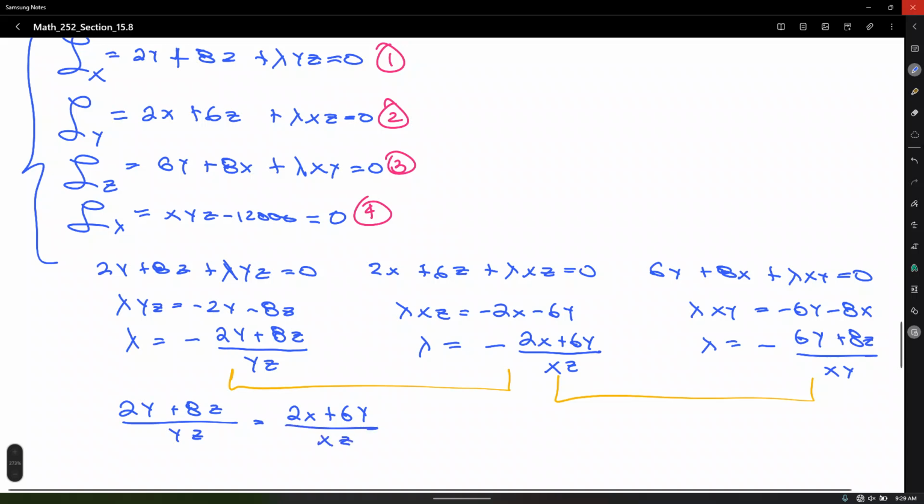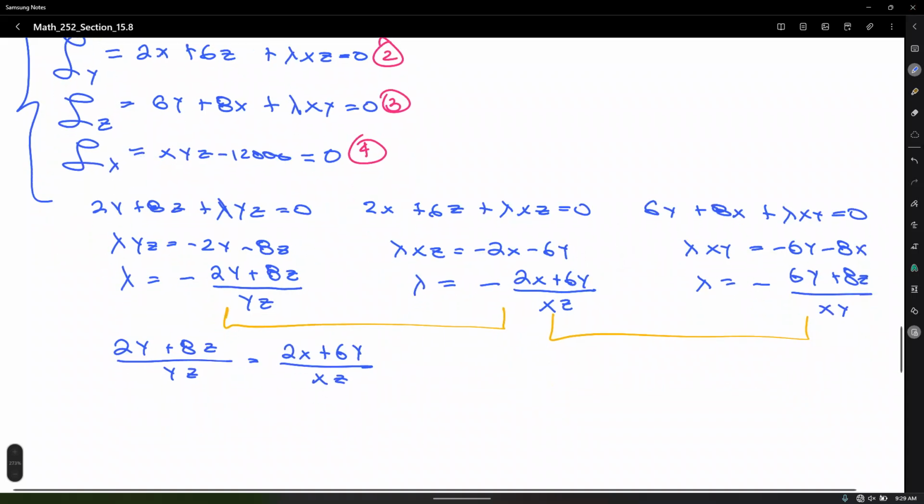And over here, negative 2x plus 6y over xz equals, what was that? Oh wait, get rid of the negatives. 6y plus 8z.